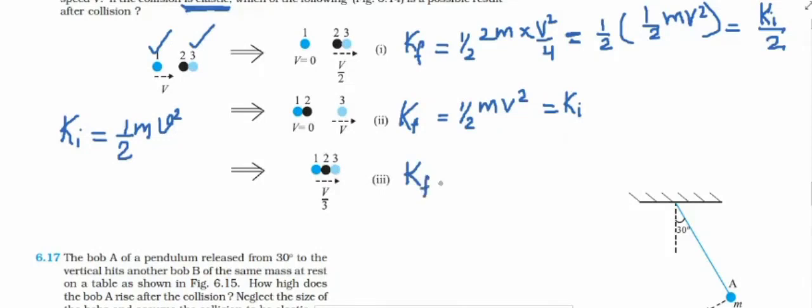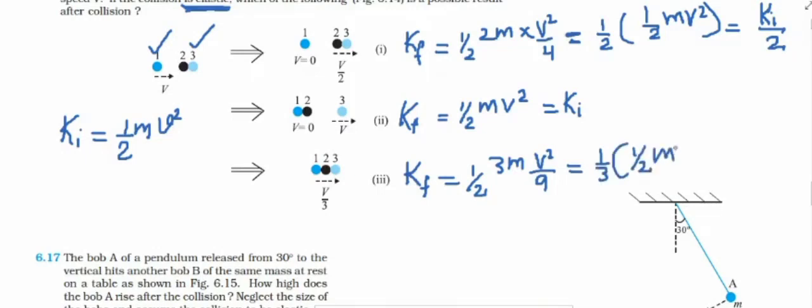Kf is equal to half into total mass 3m, velocity is v by 3 whole square, which is equal to 1 by 3 into half m v square, is equal to half m v square, is again initial kinetic energy.